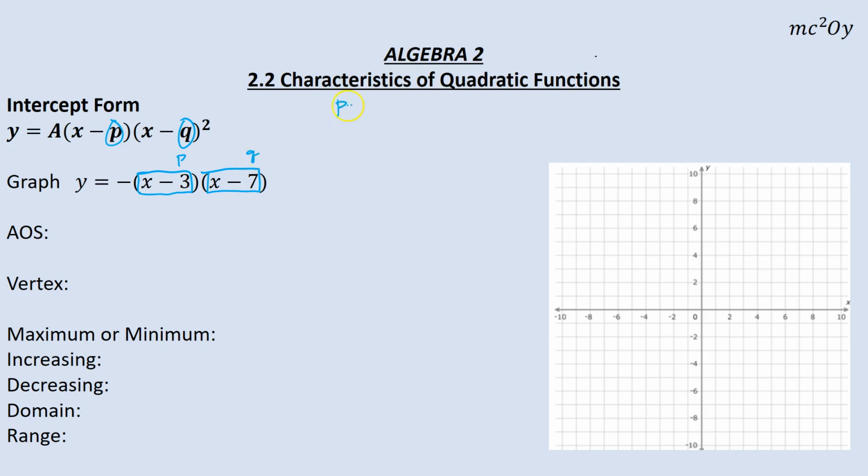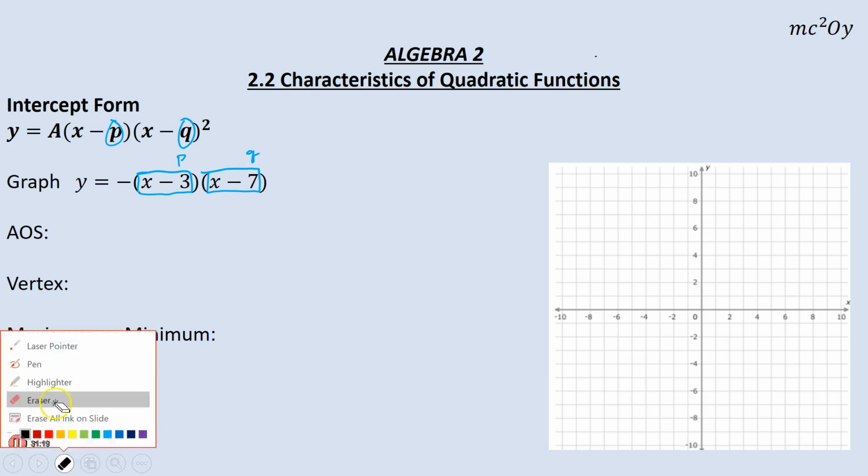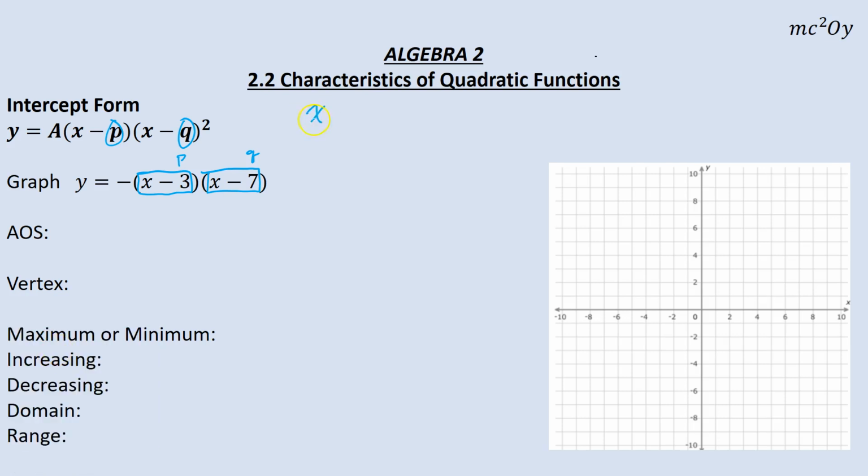When that quantity equals 0, I'm going to take x minus 3, set it equal to 0. In this case, that would be when x is 3. So notice, that's our P value, okay? And x minus 7 equals 0. That's when x equals 7. Notice that's our Q value.